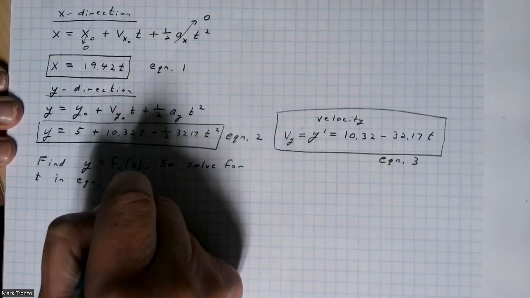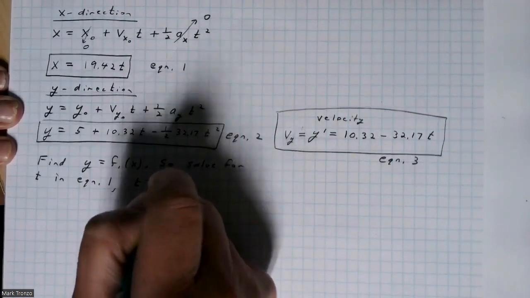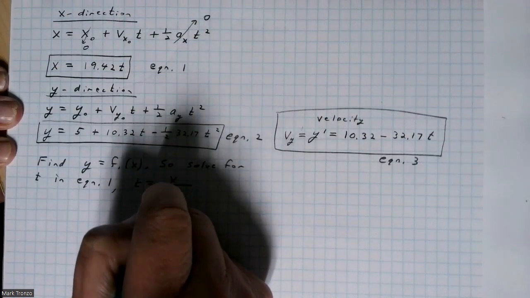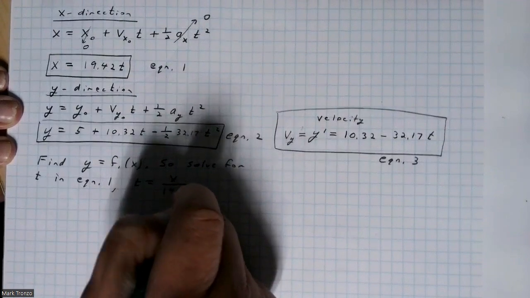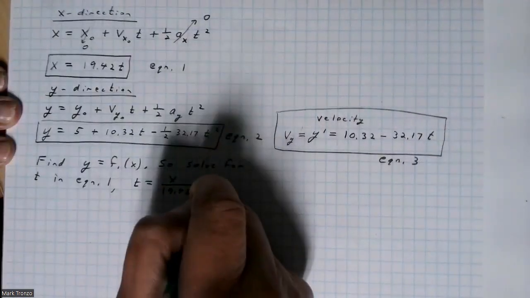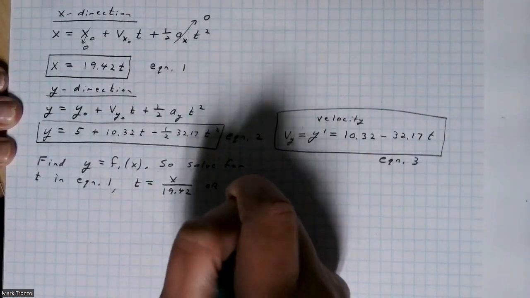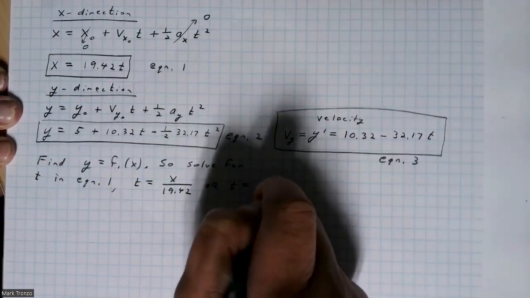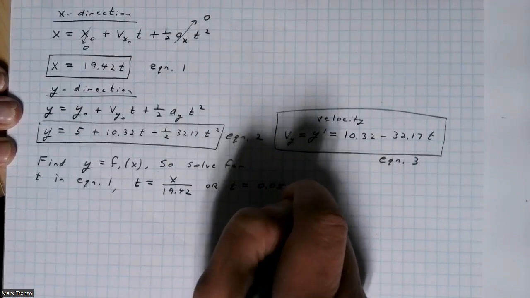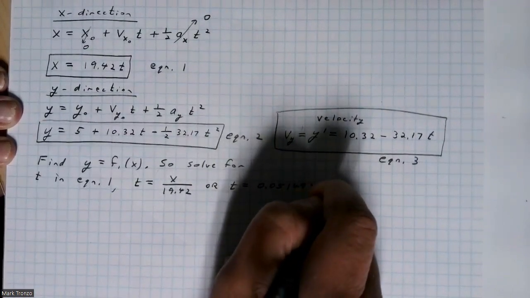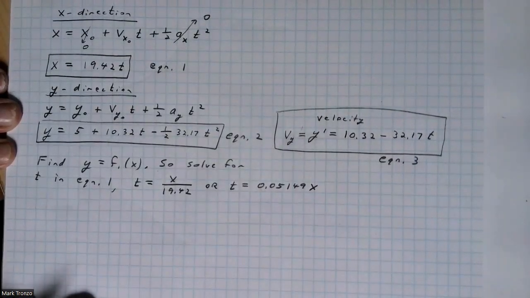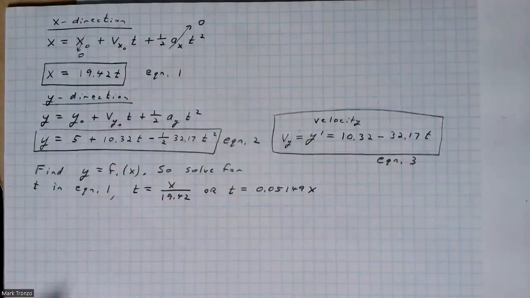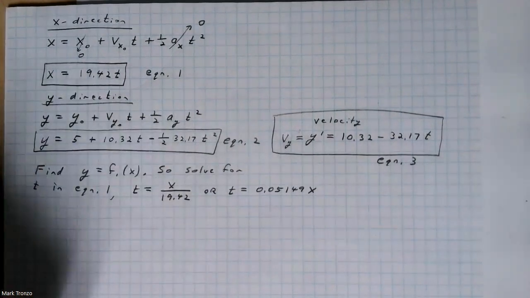And that's going to give us t is equal to x divided by 19.42, or if we divide that out, t is going to be 0.05149x. So we solve for t up here. You have it in terms of x directly. Now substitute that into equation 2.